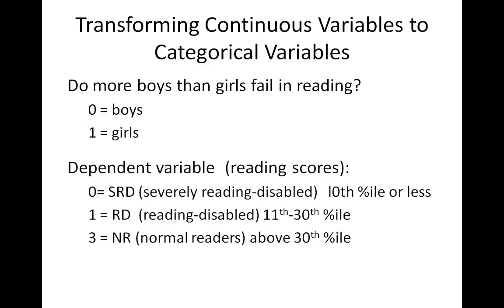Then I transformed the continuous reading scores into 0 as severely reading disabled if their score was at or below the 10th percentile, and 1 meant reading disabled, the 11th to 30th percentile. From the 31st percentile up, I classified them as normal readers.